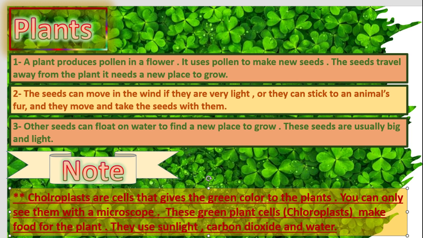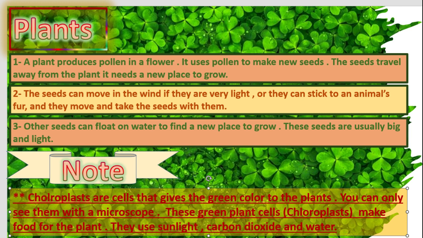It gives the plant what? It gives the plant three very important things: sunlight, carbon dioxide, and water. And these three things are really important for the plant, because they help to feed the plant.